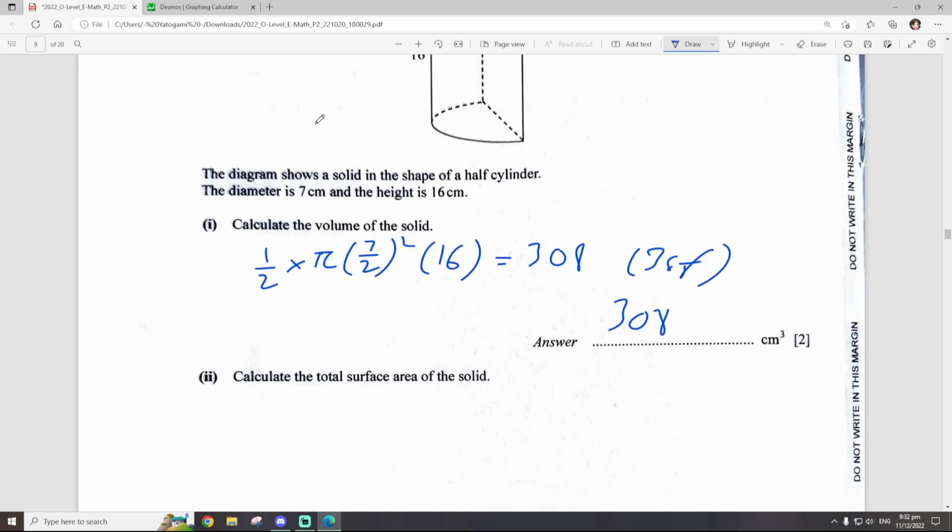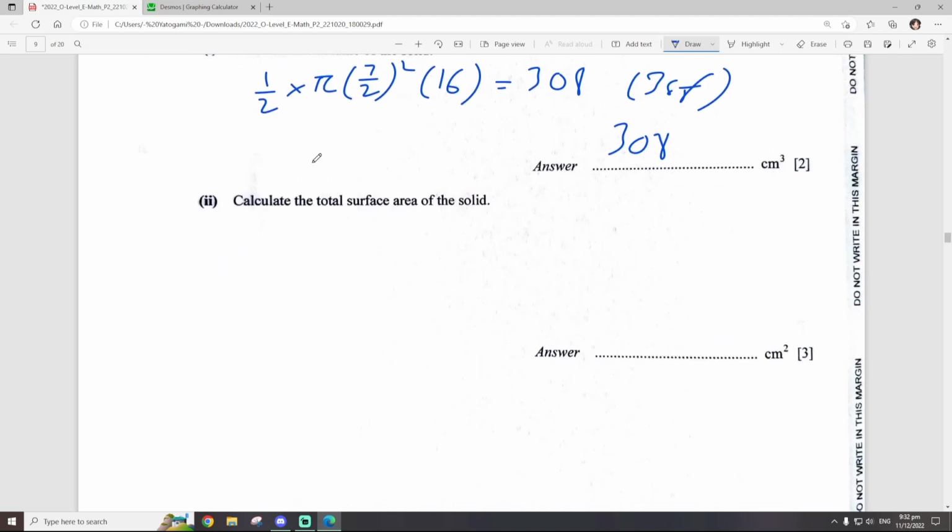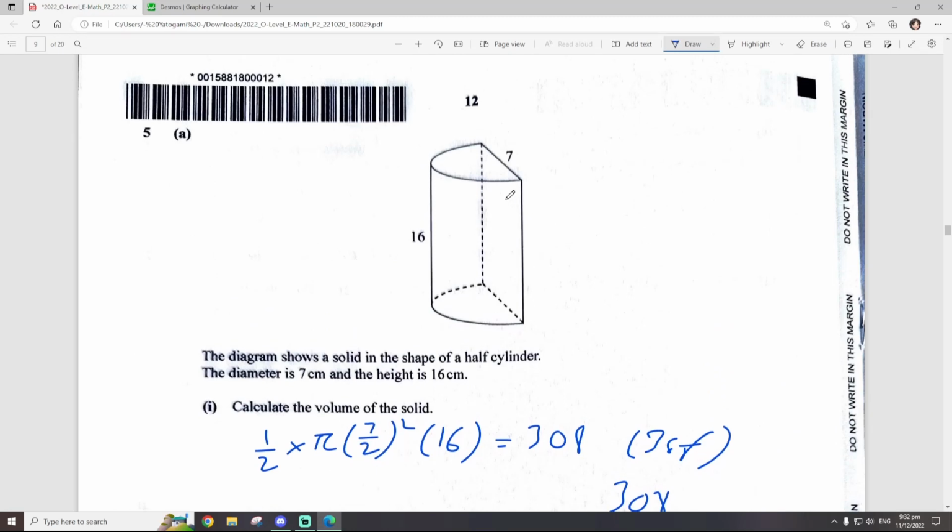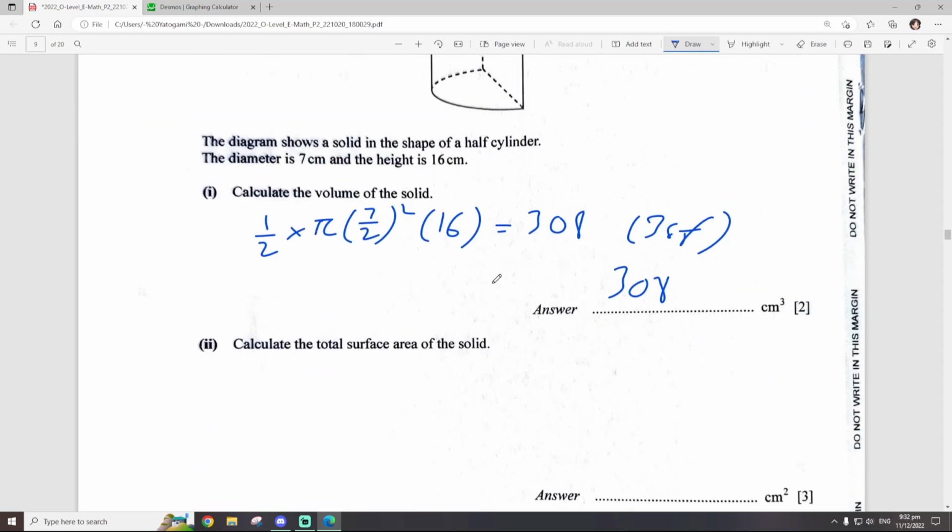Okay. Calculate the total surface area of the solid. Okay, so we have the rectangle, the round part, and the two semicircles, but the two semicircles actually make up the whole circle. So you will get pi r squared, so pi (7/2) squared, plus, now we're going to consider the half of the circumference, so you get half 2 pi rh.